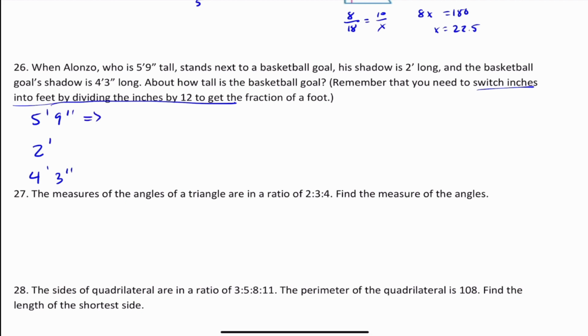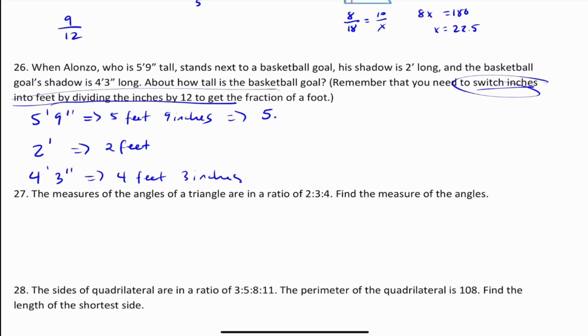So here I got 5 feet 9 inches. And then here I got 2 feet. And here I have 4 feet 3 inches. So I can go ahead and convert that. So that 5 feet should remain the same because we need to convert everything into feet. This 9 inches though, I'm going to do 9 over 12 just like what it says over here.